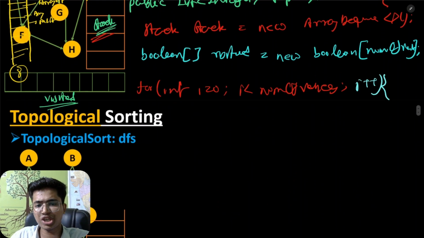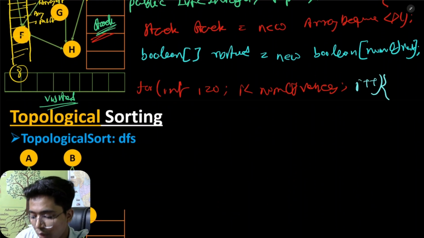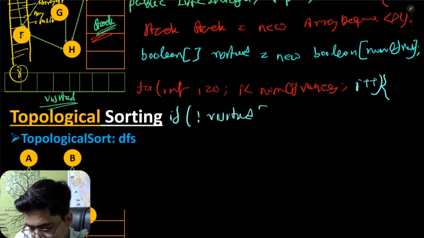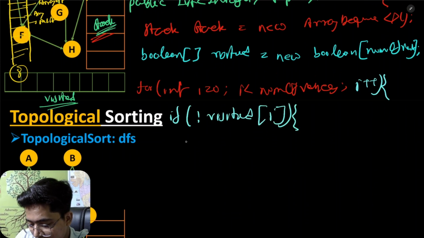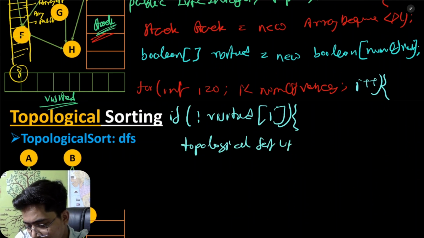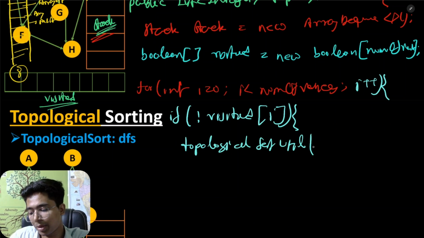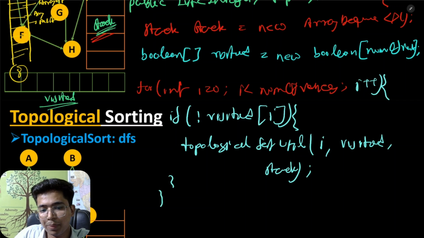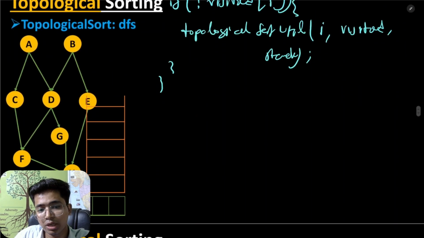Now we'll be checking if not visited of I, if that index is not visited, then we'll be applying the DFS method, that is the topological sort util method, and we'll be calling this util method with respect to the current index. We'll be passing our visited array where we track, and the stack also. After this entire program is executed, we will be retrieving the topological sort.